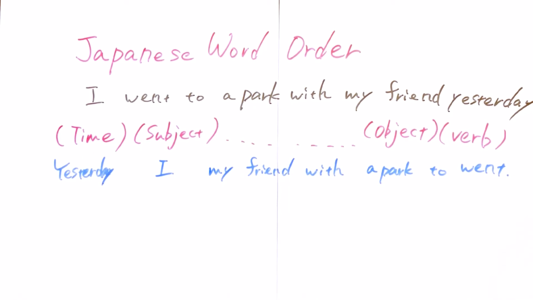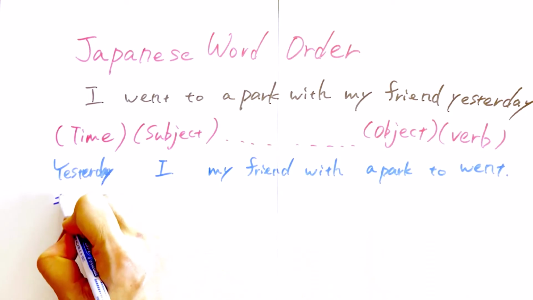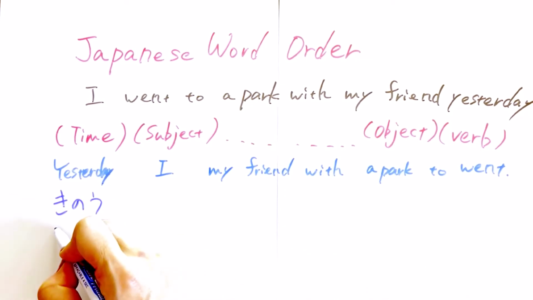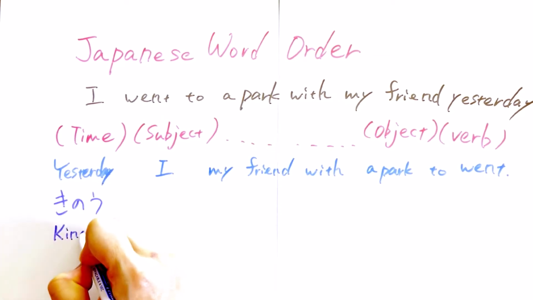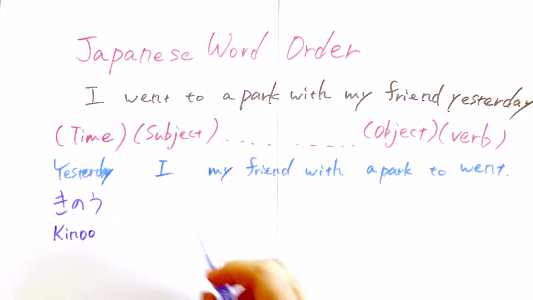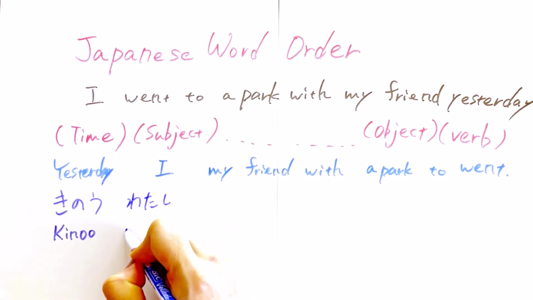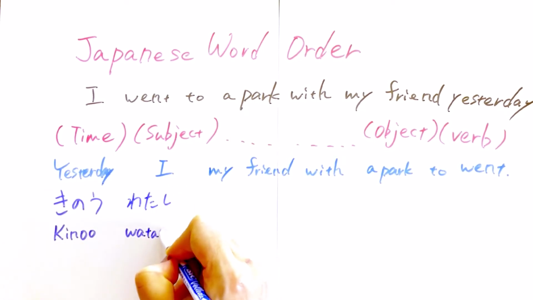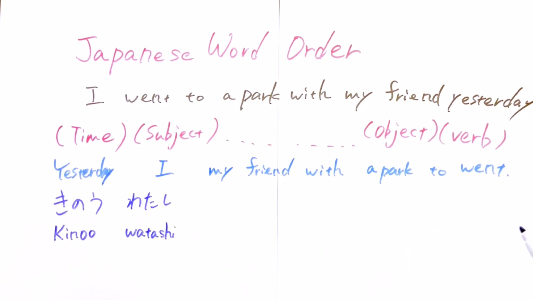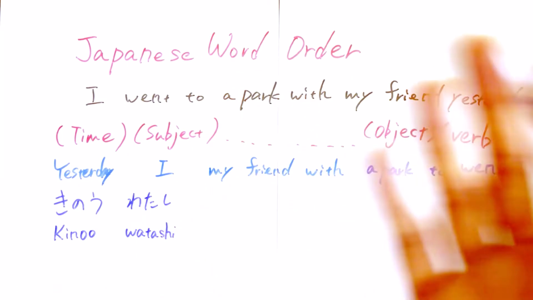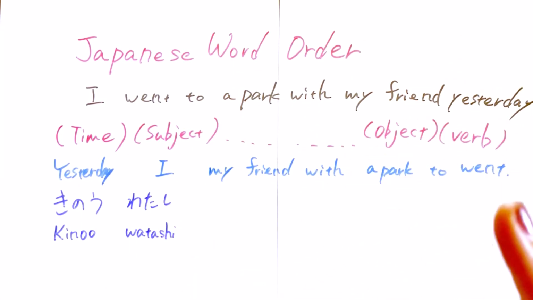So, yesterday is kino. Everybody can read hiragana. I show you the alphabet. I is watashi. And then in Japanese language, we have the special word group called particles.